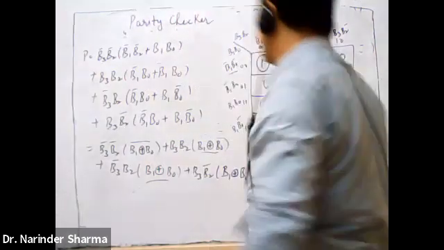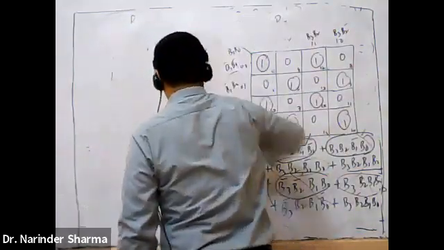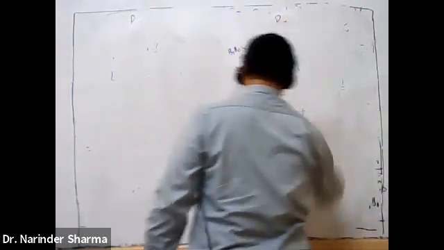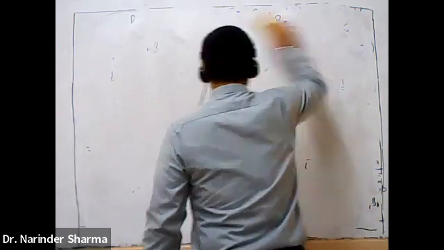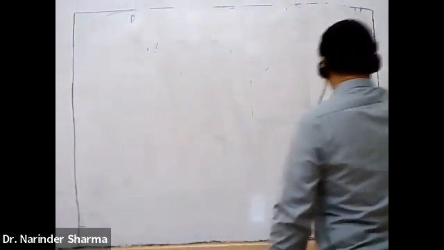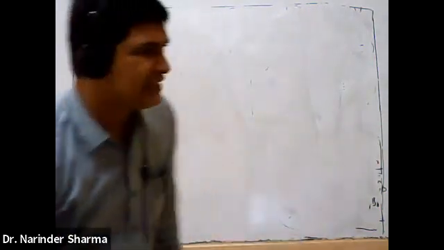Moving further, the next topic is a multiplexer. Its name itself says that we have to multiplex the things. Many things are there.